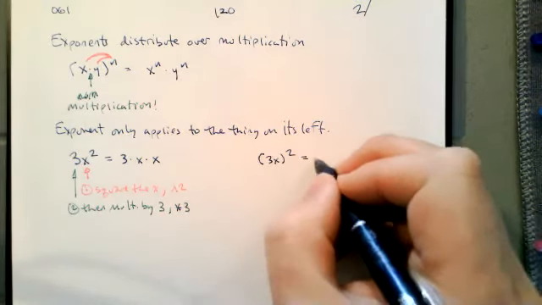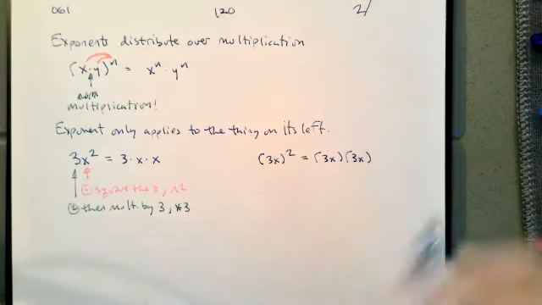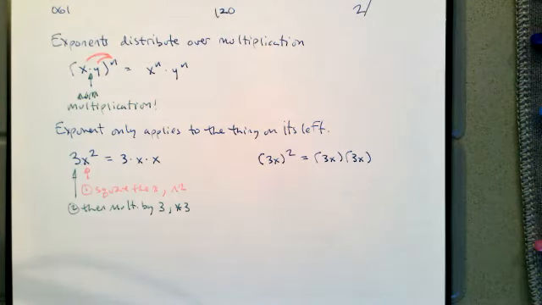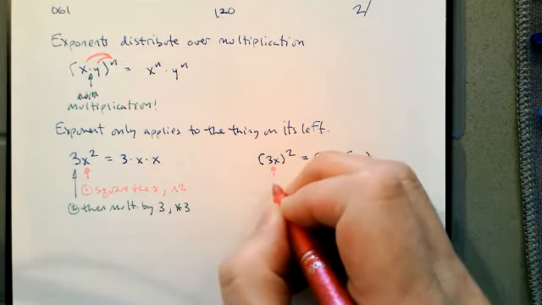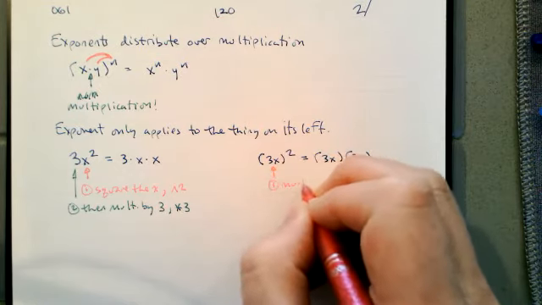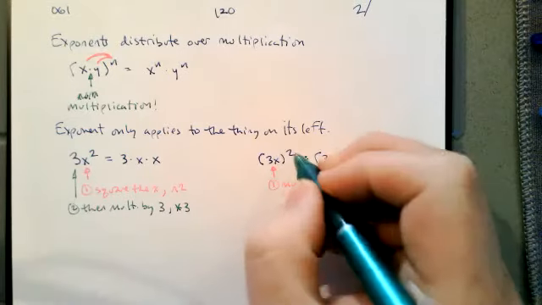So this means write 2 copies of 3x, because exponents are repeated multiplication.